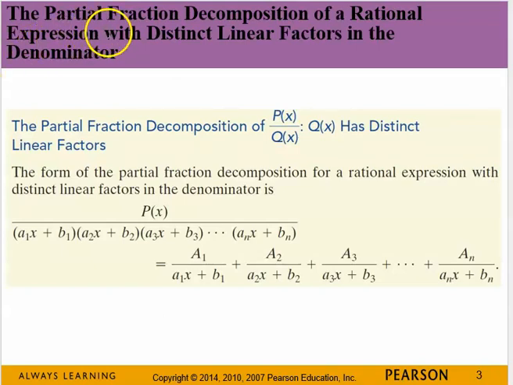So the partial fraction decomposition of a rational expression with distinct linear factors in the denominator. So this is the form. We're going to have a numerator and then distinct linear, that is only to the first power degree in the denominator.